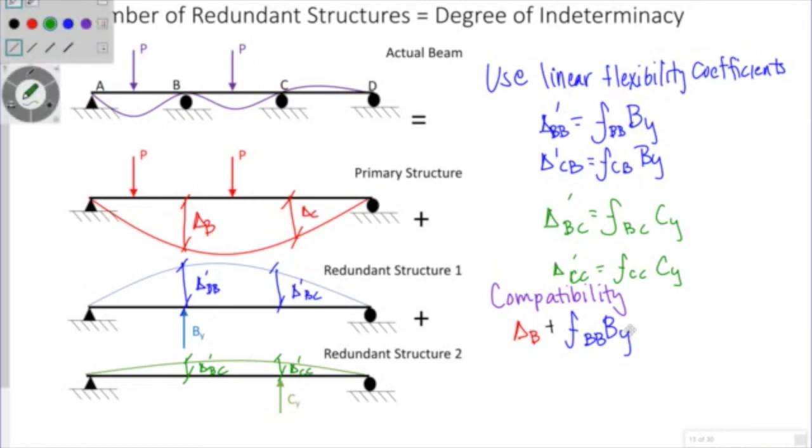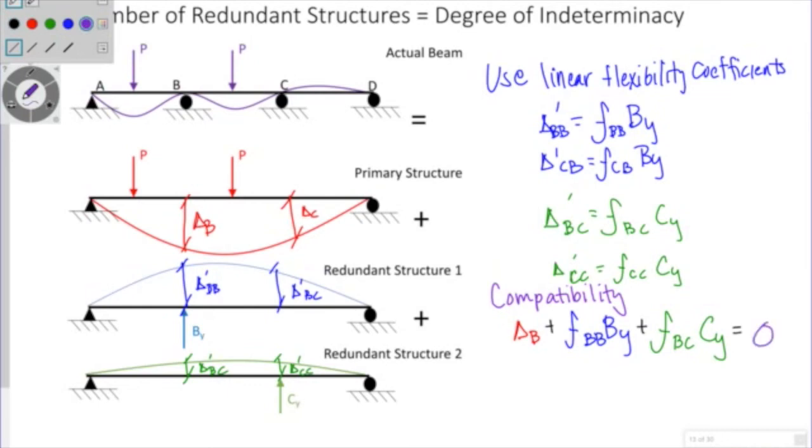And I need to add these three up, so 1, 2, 3, just sum them down the page. I also have my deflection at B due to my force at C, times CY. And that has to equal 0.